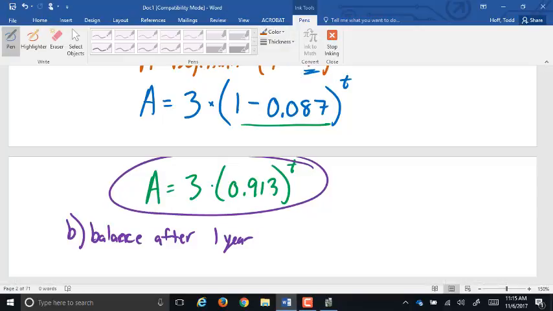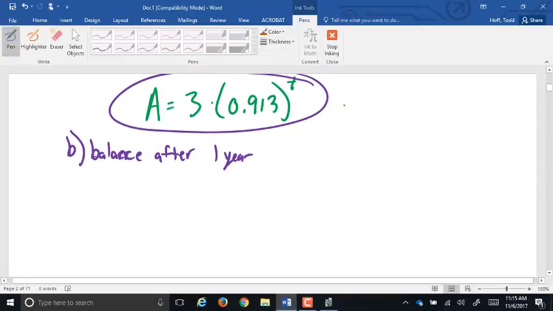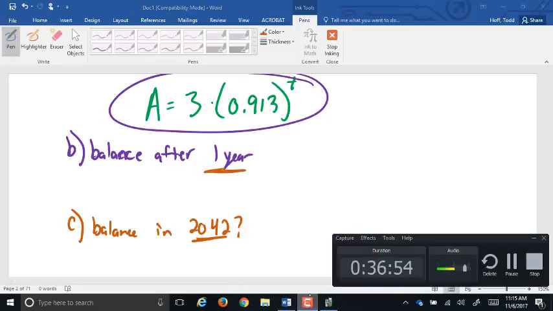So that means t is going to equal what? 1. Okay. So I'm going to have you guys work on both B and C here. C is the balance in the year 2042. So I'm going to have you guys try both of those, and we'll talk about them in about a minute.